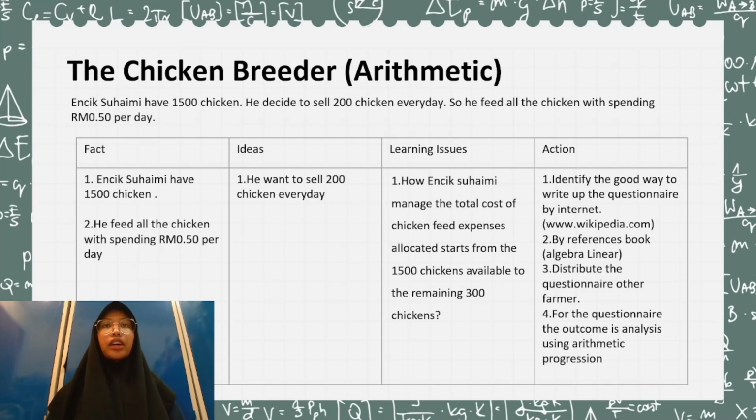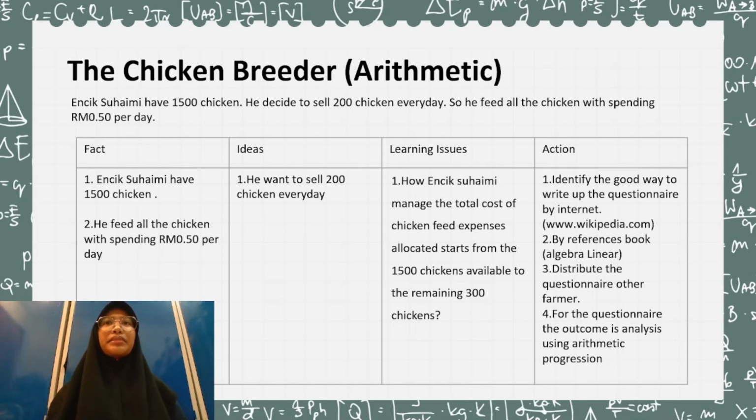This is our problem for the arithmetic sequence. The fact is Encik Suhaimi has 1,500 chickens. He feeds all the chickens, spending 50 cents per day. He wants to sell 200 chickens every day.